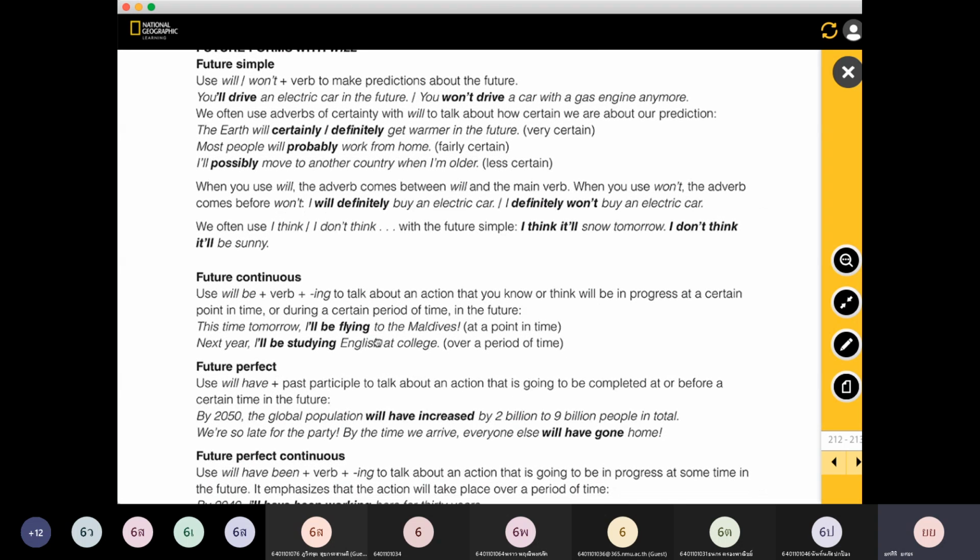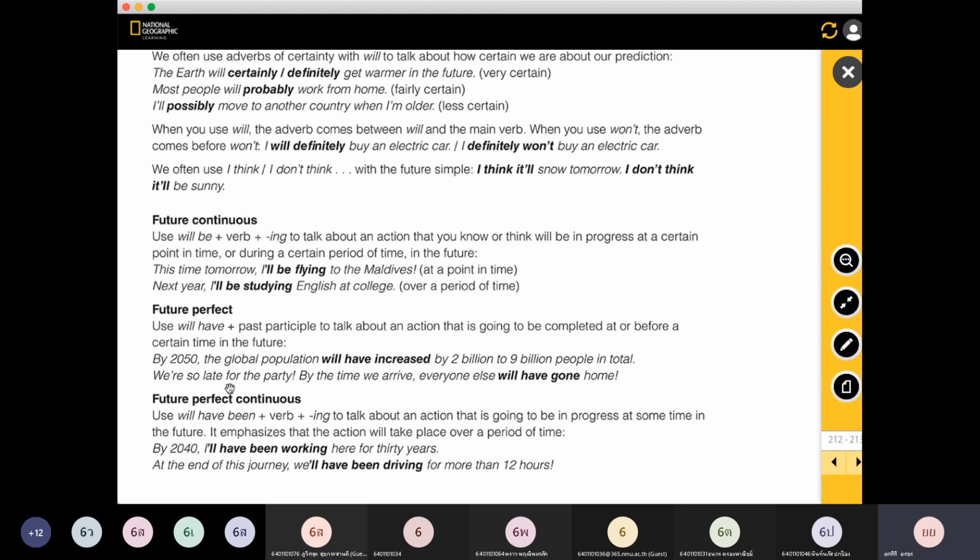So these are four different aspects of the future. With future simple, we talk about predictions. With future continuous, we talk about a continuous action in the future. With future perfect, we talk about a complete action, what will be fulfilled in the future.